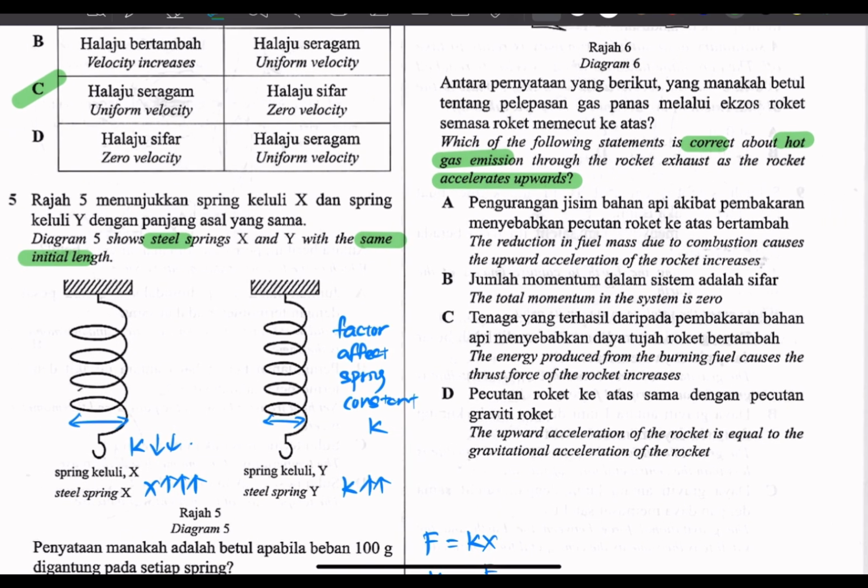Okay, we go through the answers. The reduction of fuel mass causes the upward acceleration. Okay. The total momentum in the system is 0. Okay, this one is okay also.